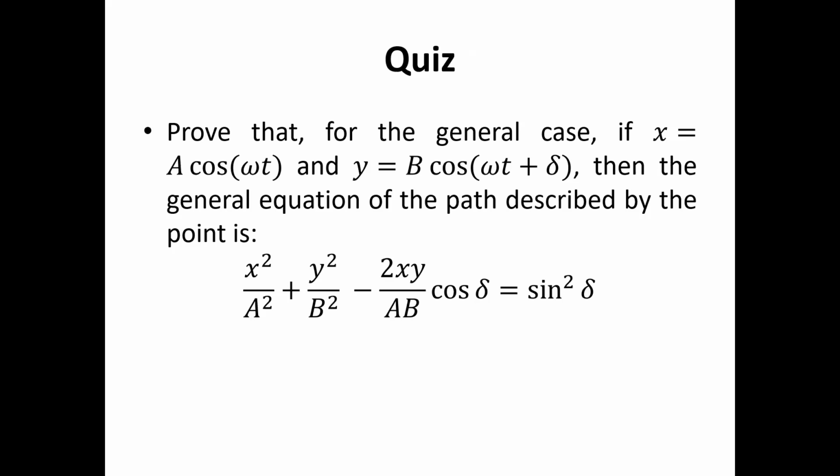This is actually an equation of a conic section. And if we cut the cone by different planes, you will get different types of paths, like circles or ellipses, or a straight line, a pair of straight lines, etc. So this is a quiz that we can show very easily.